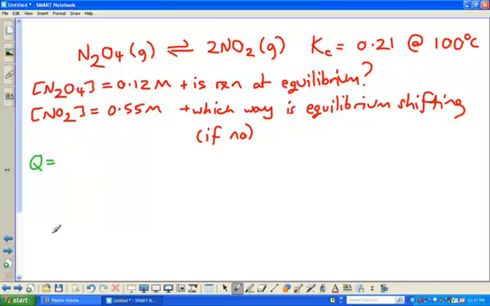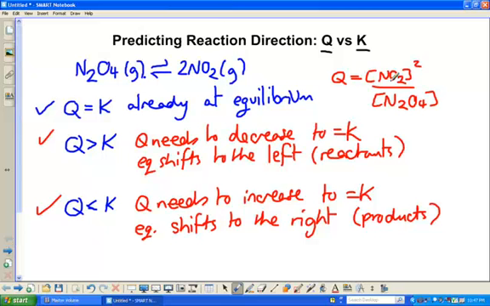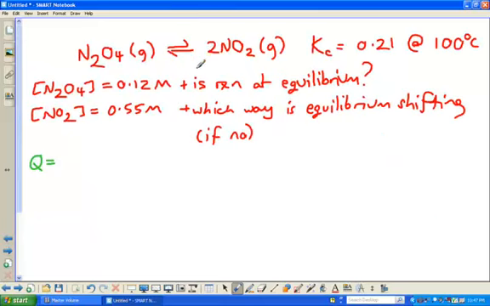I know that is exactly what I said it was before, NO2 squared over N2O4. So when I square my concentration of NO2, that becomes 0.55 squared, and that's all divided by 0.12. Now, when I multiply and divide all that out, I get a value of Q of 2.5.